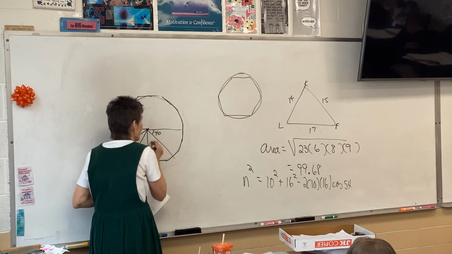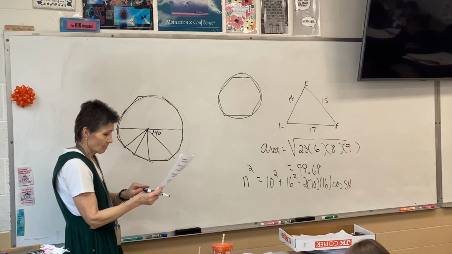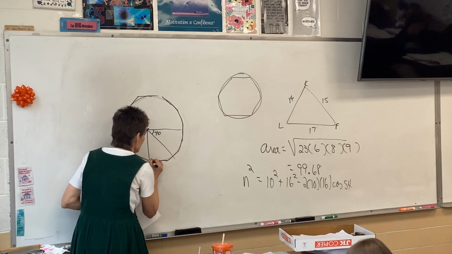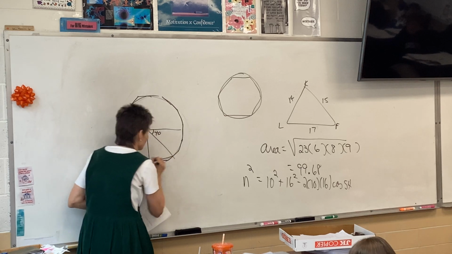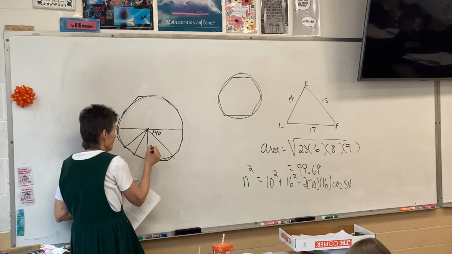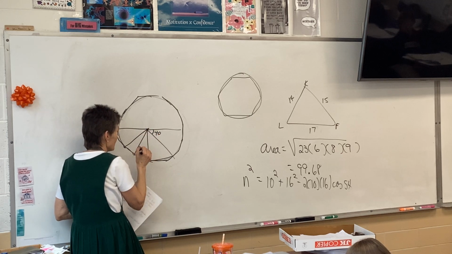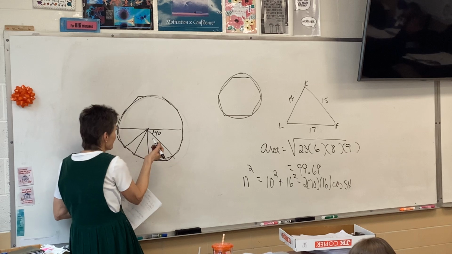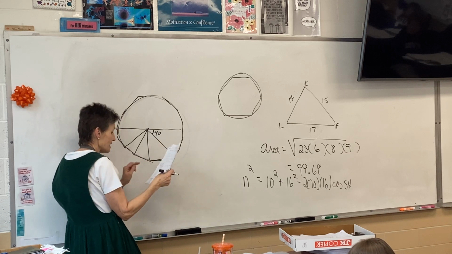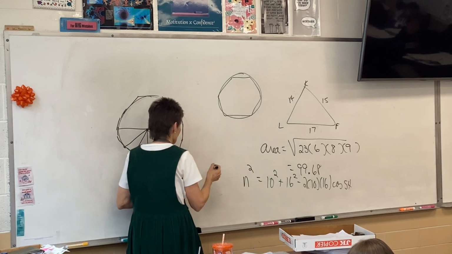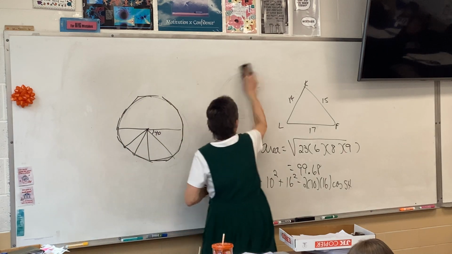Now, what's different is, when I connect these, if I want to find the area, am I doing area or perimeter? Area. I find the area, I have to be careful because the radii, this picture's so bad. Let me redraw my picture.